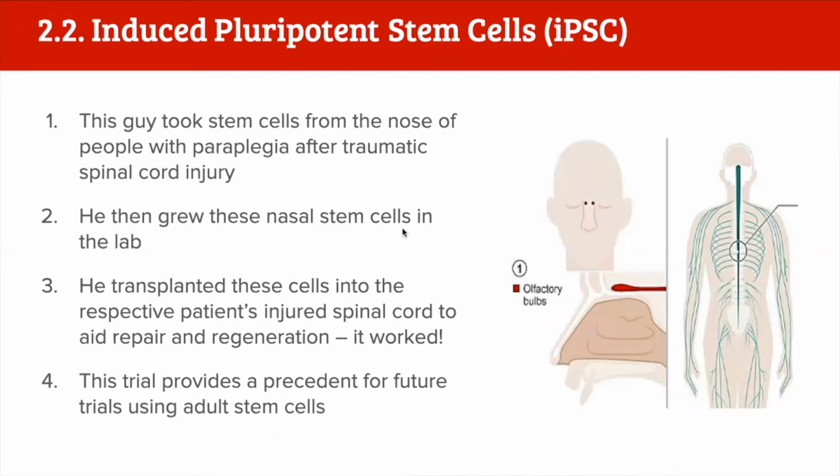He then grew these nasal stem cells in the lab. Once they were grown, he transplanted these cells back into the patient's injured spinal cord. Okay, so it's the same patient each time, to aid in repair and regeneration, and it worked. So this trial provided a precedent for future trials using adult stem cells. Okay, so here we're looking at adult stem cells in particular.